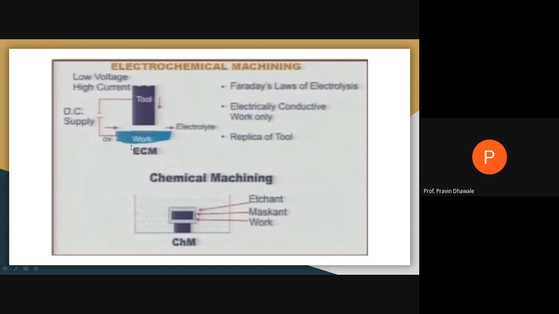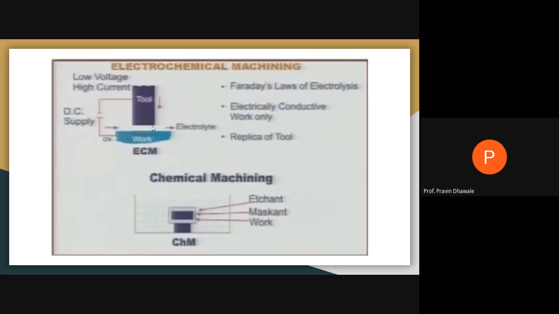Both must be electrically conductive because we are supplying electric energy. Low voltage, high current is passed through the workpiece and the tool, and the workpiece is submerged in an electrolyte solution, so it will conduct electricity.